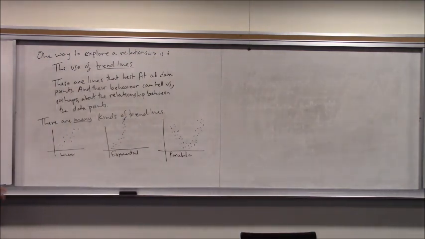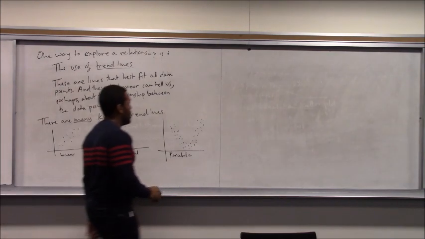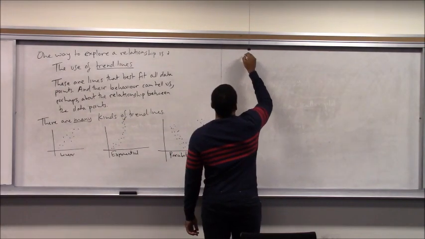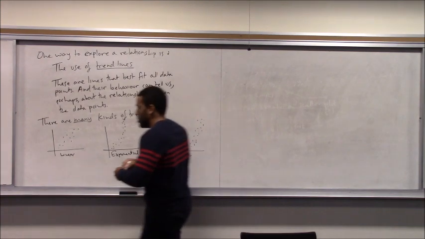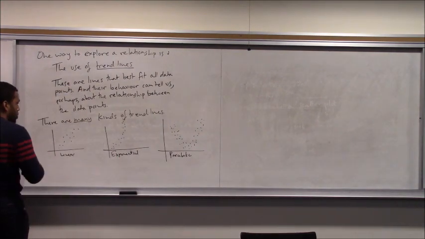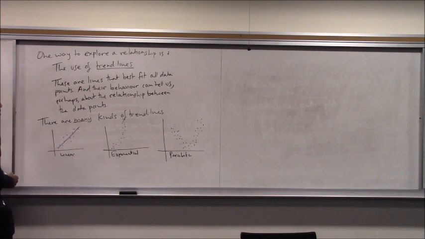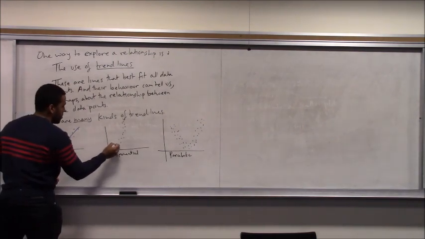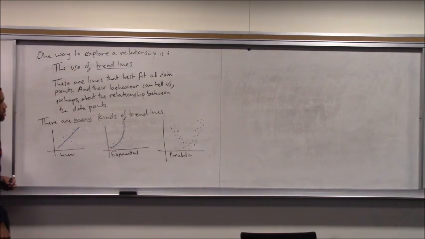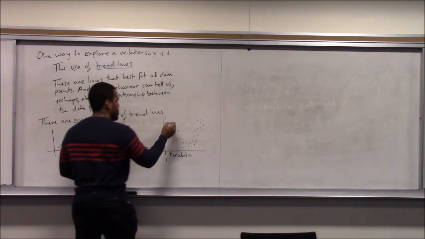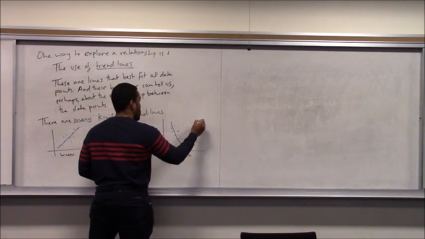So I think I gave you like 6 relationships here. Let's just stop with these examples for now because I want to emphasize. If the best thing that fits it is a straight line, we call that linear. Sometimes the best thing that fits it is an exponential. Sometimes the best thing that fits all the points is a parabola.